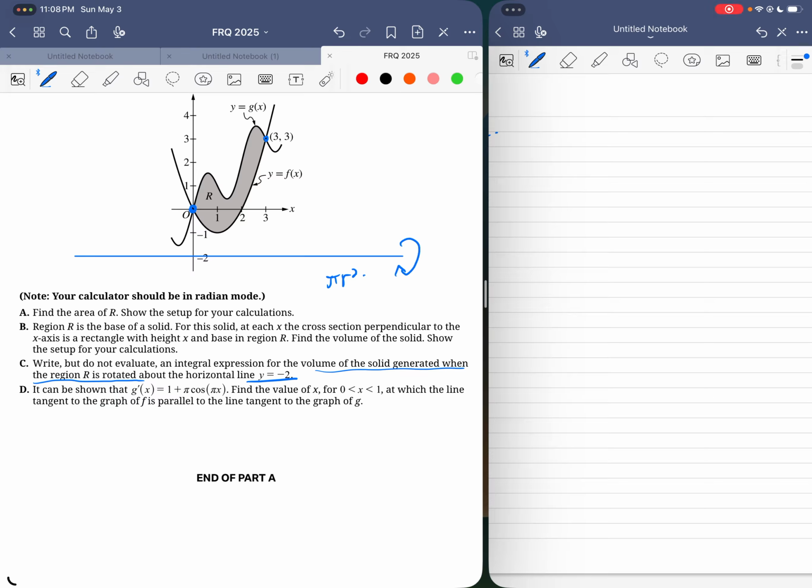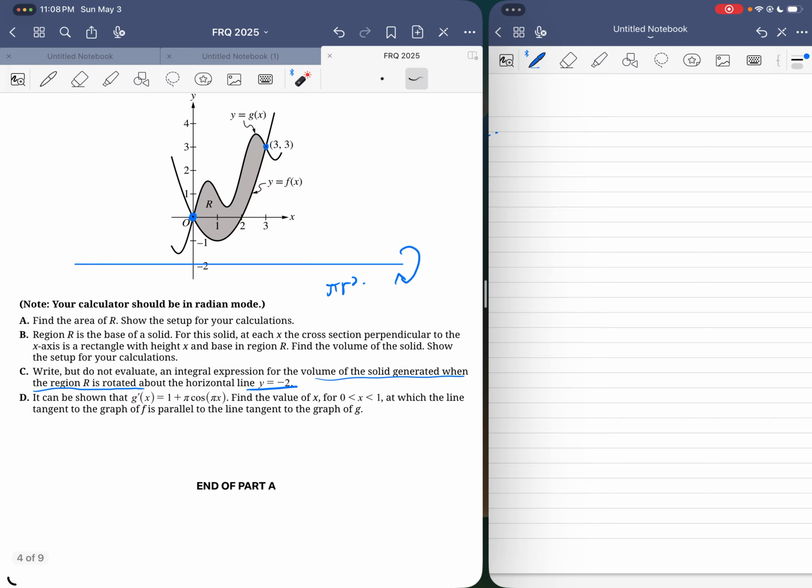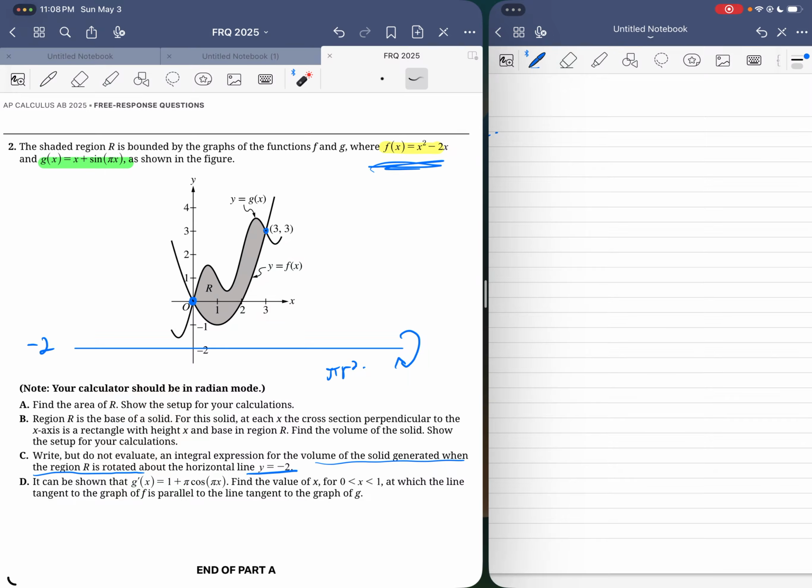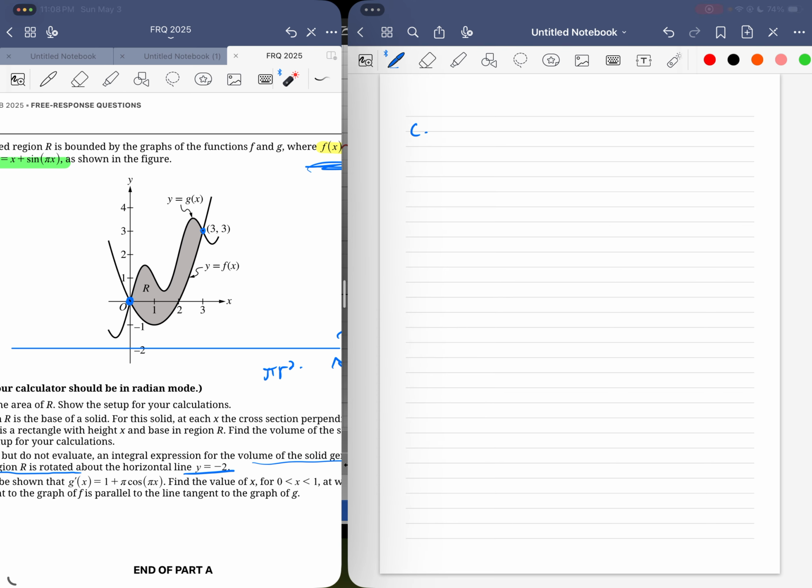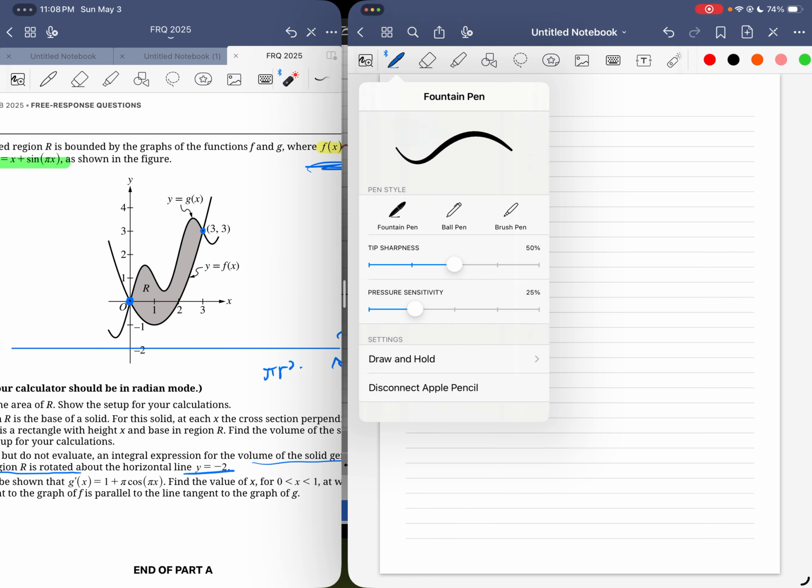That's why it's pi r squared. Keep that in mind. When you rotate it, this is going to be outside and this is going to be inside. Which means whenever this line is below this one, it's always going to be that minus this, and then this minus this. So it's kind of the opposite of what you have in the 2024 version. Just compare it later when you have time, okay?